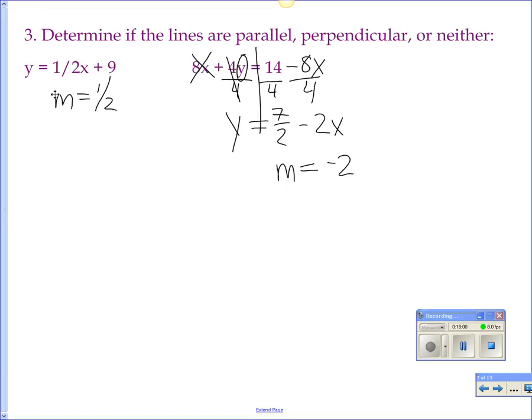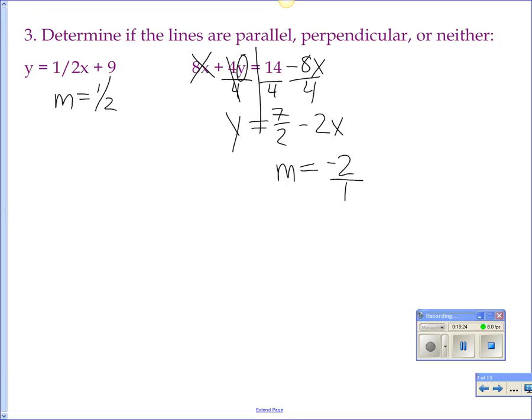Okay, so let's do this part together. I got 1/2 and I got negative 2. Are those the same? Nope, so they're not what? It's not parallel. Has 1/2 been flipped and changed? It has. Look, what happens when you flip 1 over 2? What is it? Over.